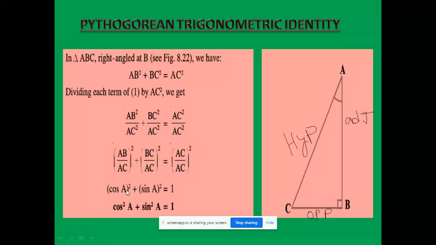So cos square A plus sin square A is equal to 1. Therefore, the first trigonometric identity is cos square A plus sin square A is equal to 1, or otherwise we can call it sin square A plus cos square A is equal to 1.